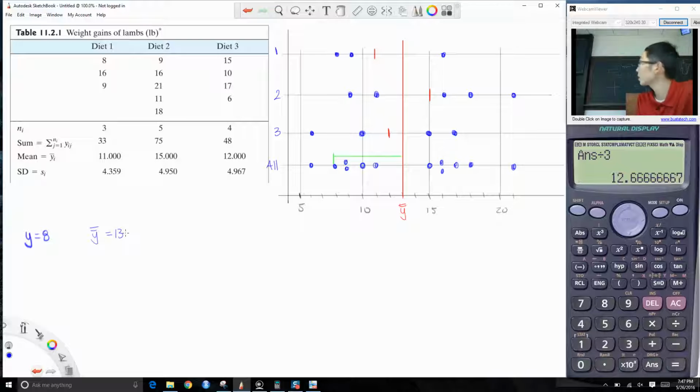So as far as this data point goes, the amount it contributes to the total sum of squares would be 8 minus 13 quantity squared, right? So it contributes a total of 25 to the total sum of squares.